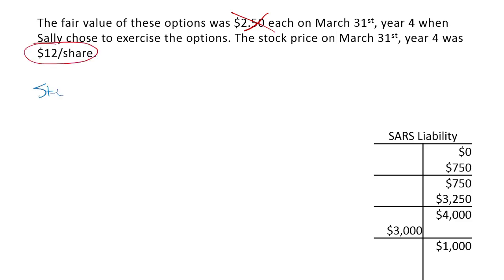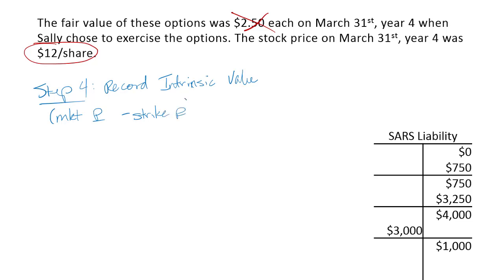Step four is to record the intrinsic value. And to do that, I take the market price minus the strike price times the number of options exercised.